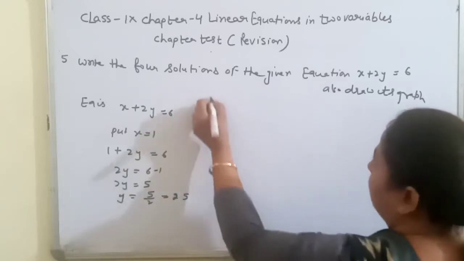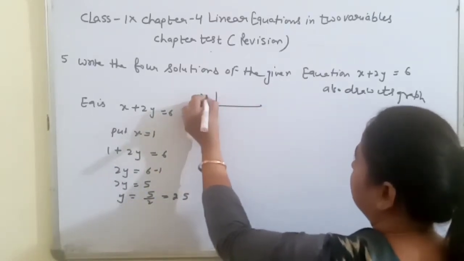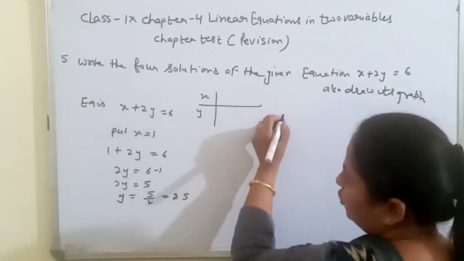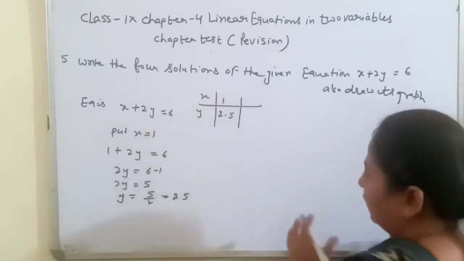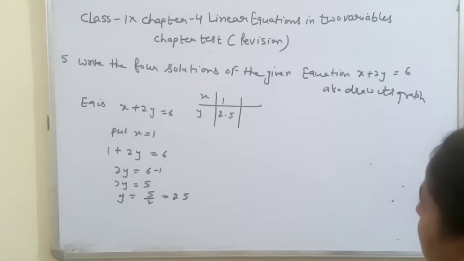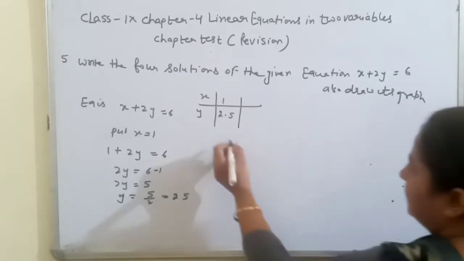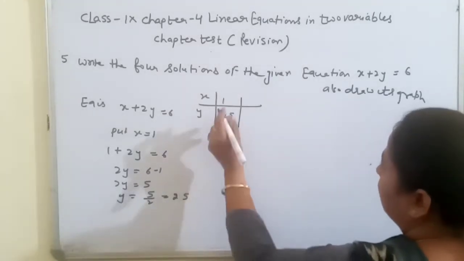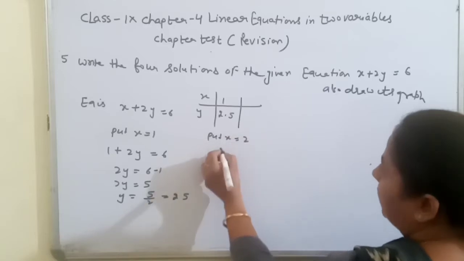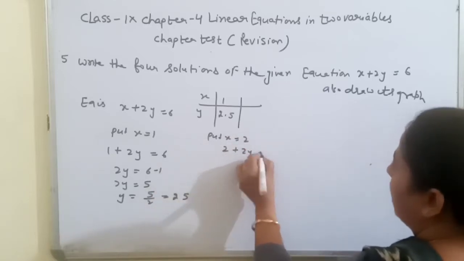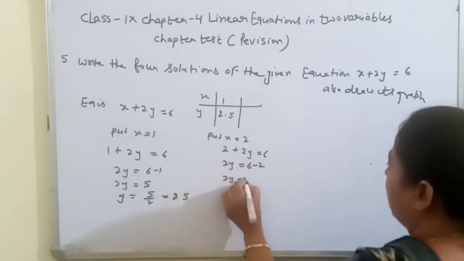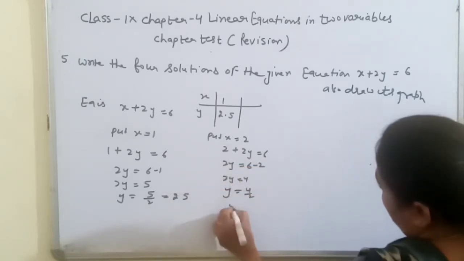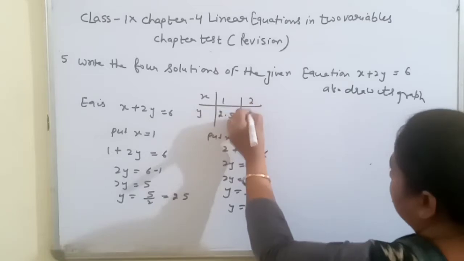So here we can make a table, x and y. When x is 1, y is 2.5. We have to find four solutions. Secondly, we can take x is 2: 2 plus 2y equals 6, 2y equals 6 minus 2, 2y equals 4, y equals 4 by 2, which is 2.